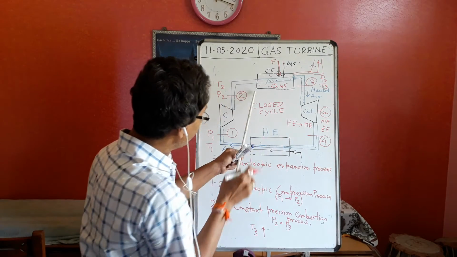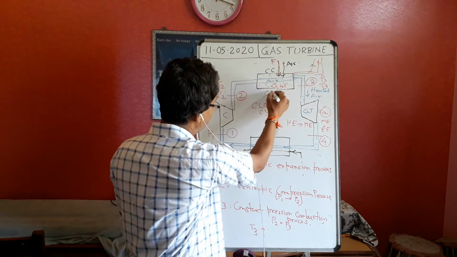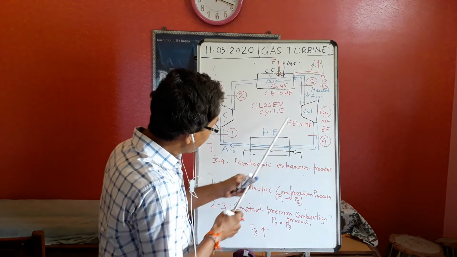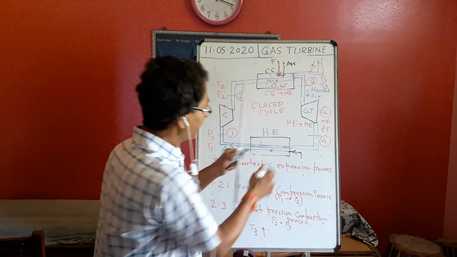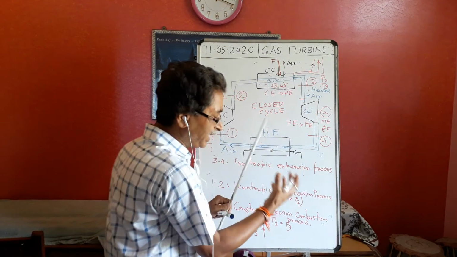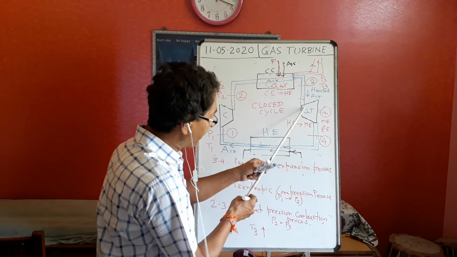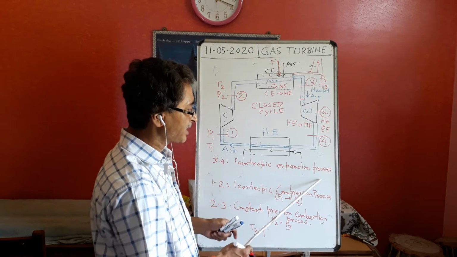So first, in the combustion chamber we transfer chemical energy to heat energy, and in the gas turbine we change heat energy to mechanical energy. So pressure will decrease, enthalpy will decrease, and the energy will convert to mechanical energy. That's why we say this is the isentropic expansion process.